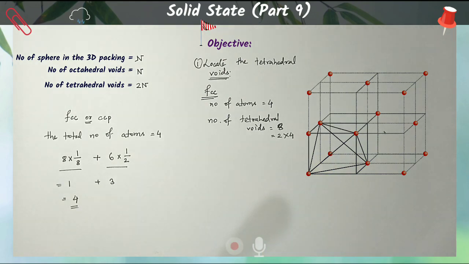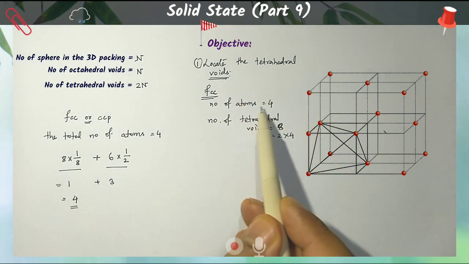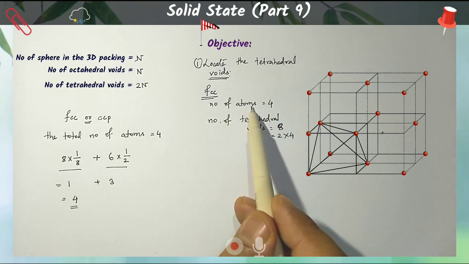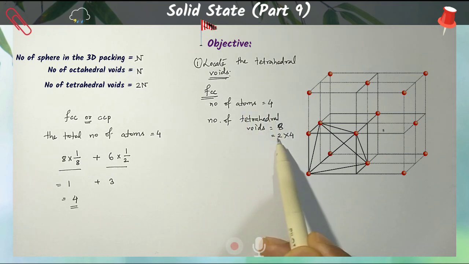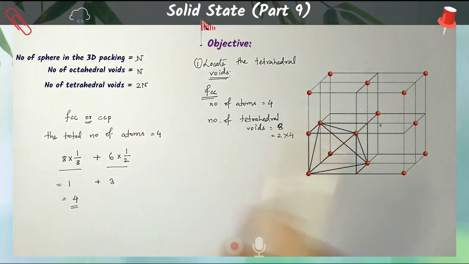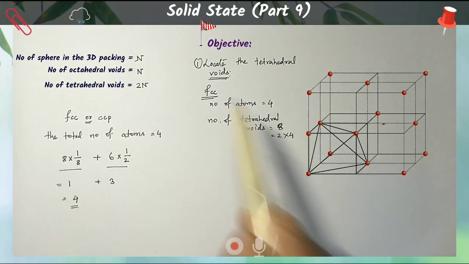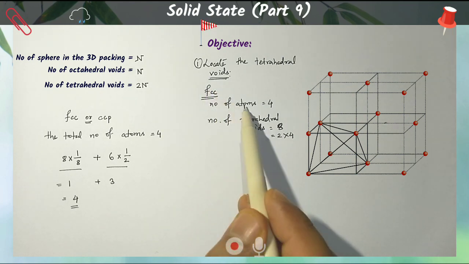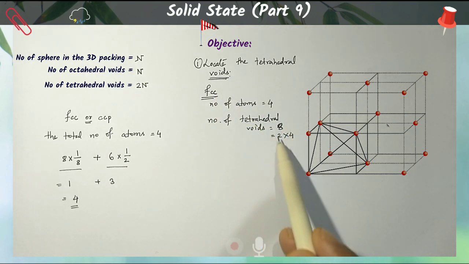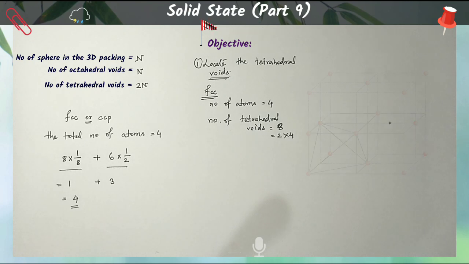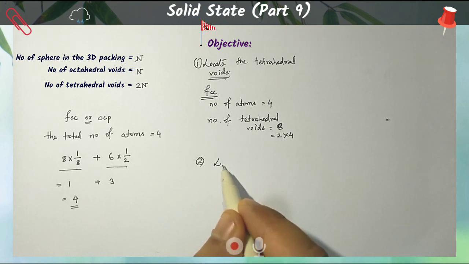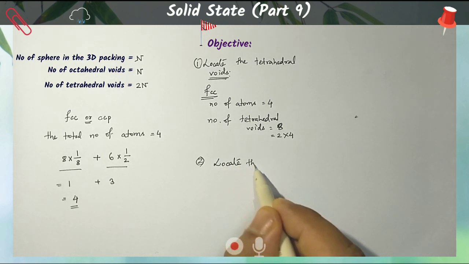The number of atoms or spheres is equal to 4, so it will be 2 into 4. That means the number of tetrahedral voids is equal to twice n. So this one is proved. Clear? This is for FCC, because for FCC the number of atoms is 4, so the number of tetrahedral voids will be 8. Now we're going to discuss the second one, which is to locate the octahedral void.